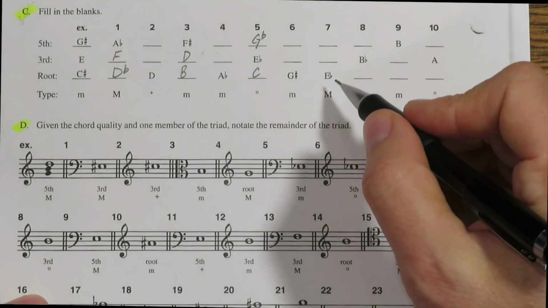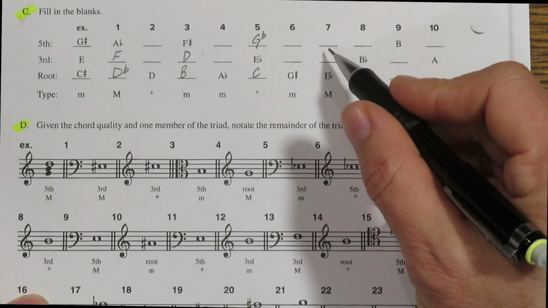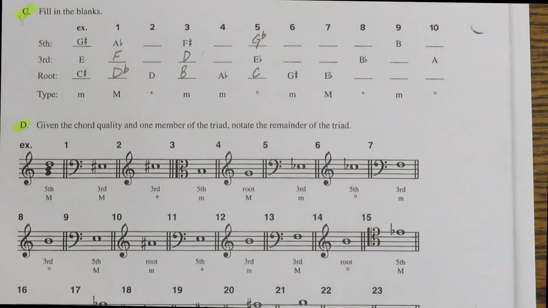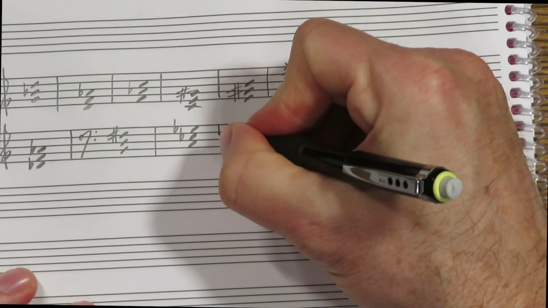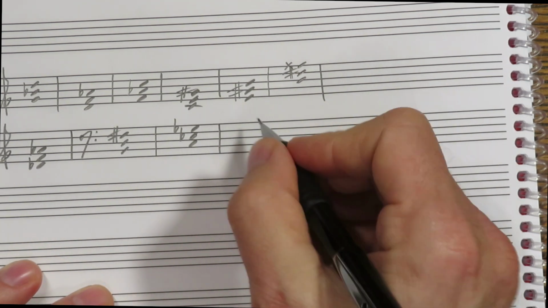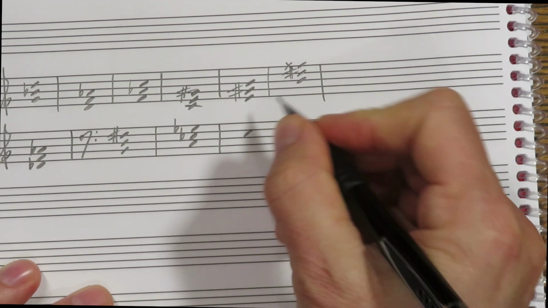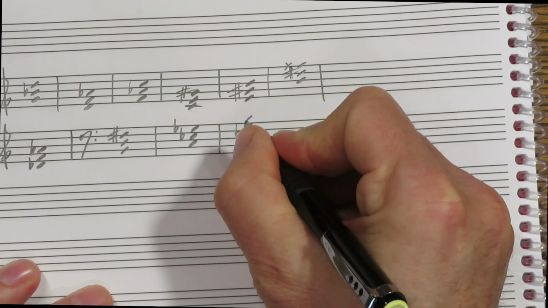Now, this time we have root position, major triad from E flat. So, staying in bass, we got the E flat. Let's build our snowman.